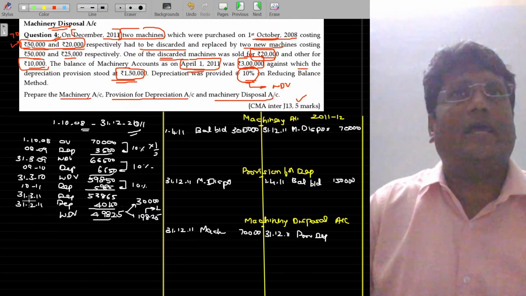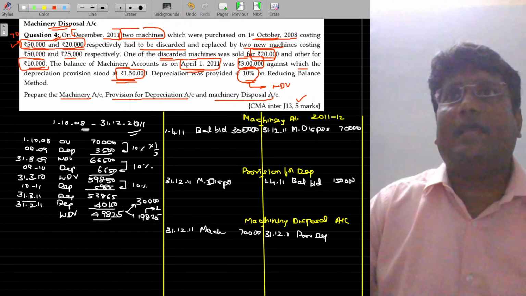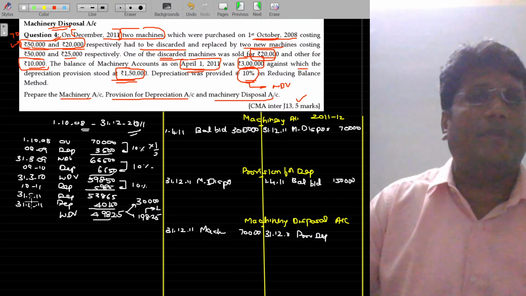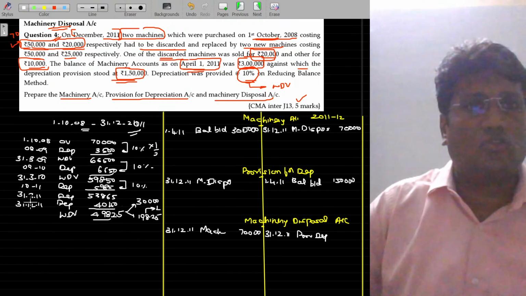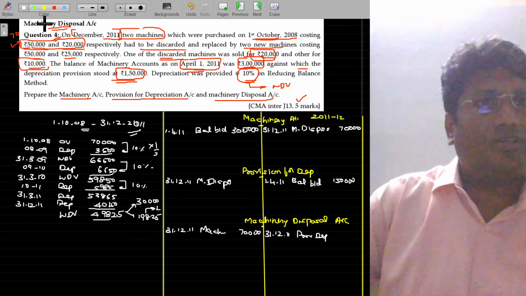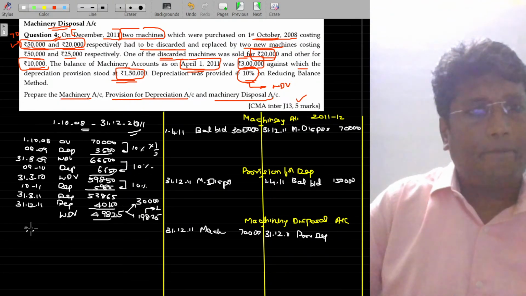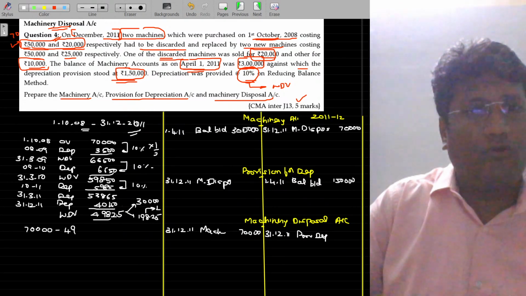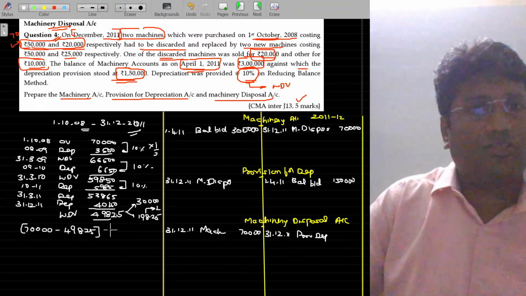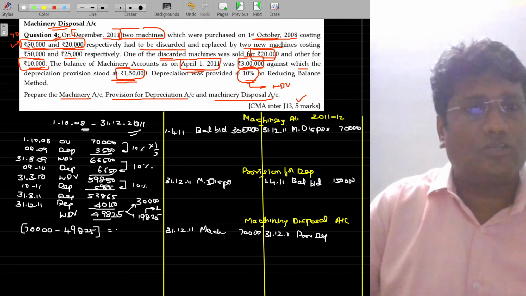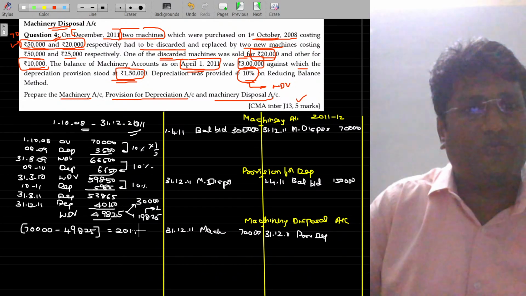Now, whenever we sell the asset, as on the date of sale, any accumulated depreciation on that will be transferable from the provision for depreciation to machinery disposal account. The original value being 70,000, and as on the date of sale, the WDV of the asset being 49,825. The difference between these two is the accumulated depreciation of the asset sold, which is 20,175. Am I right?